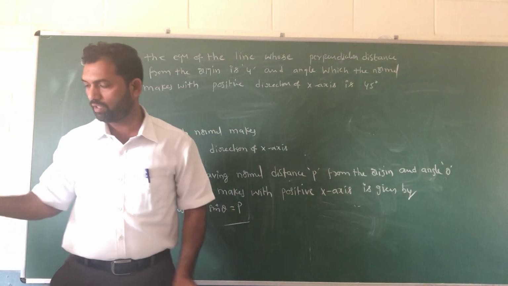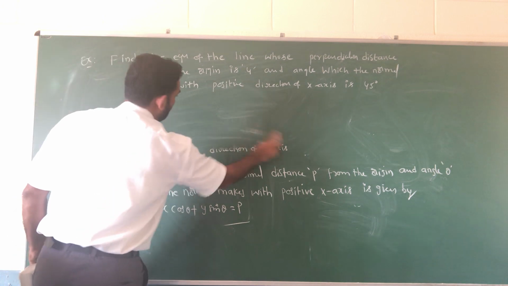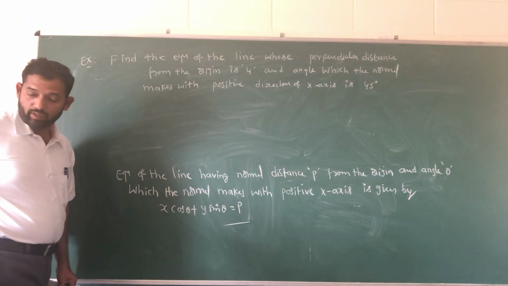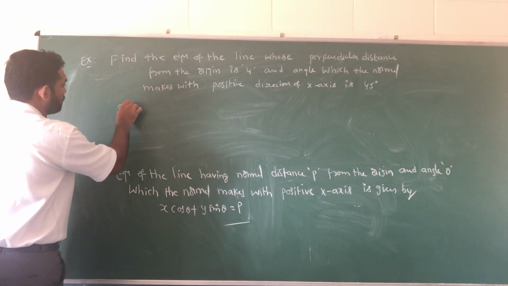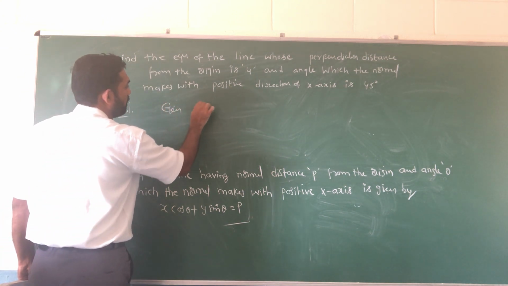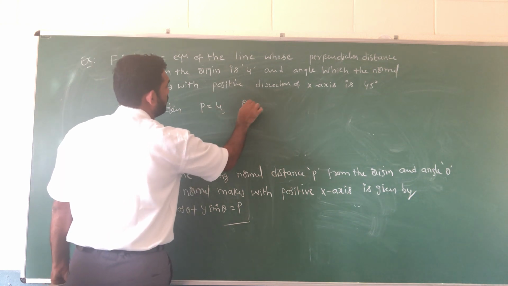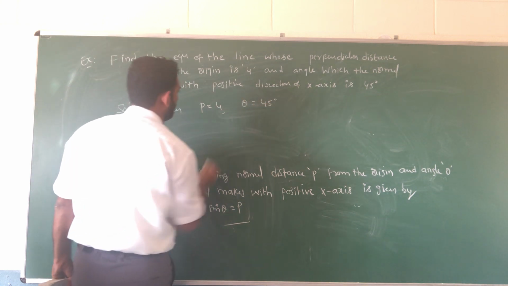Very simple calculation. See the solution. Given P is equal to 4 and theta is equal to 45 degrees.